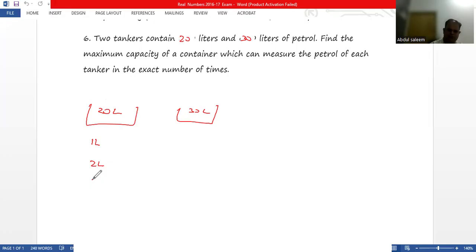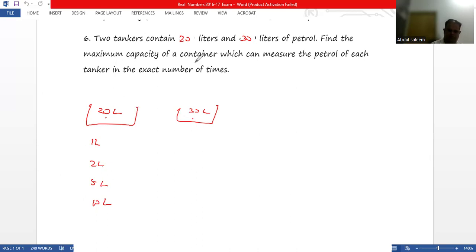Using a 5 liter container also, we can exactly measure 20 and 30. The same way, using a 10 liter container also, we can exactly measure these two, clear, right?